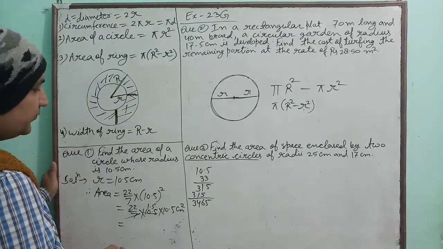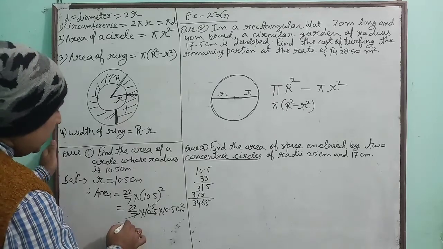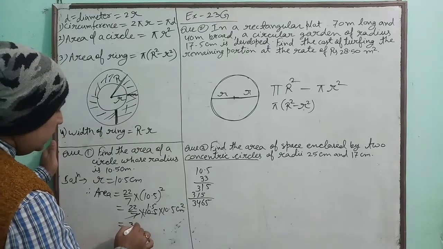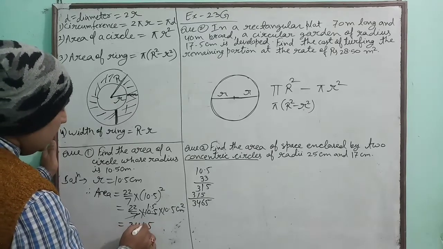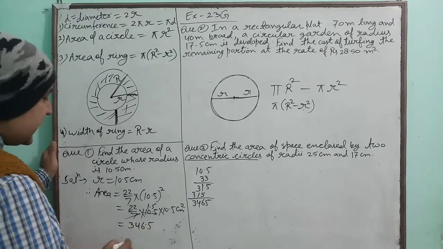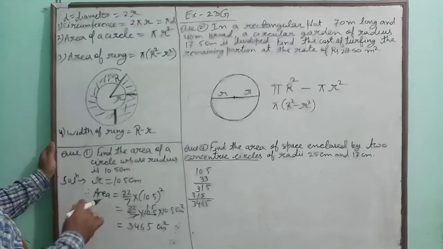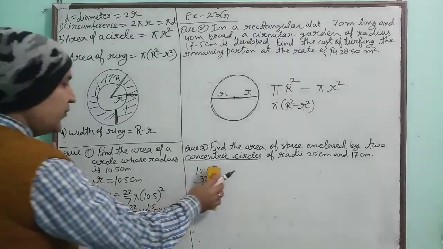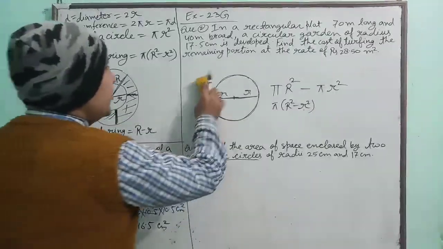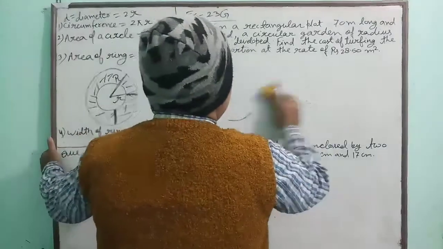See this one. It is coming 346.5 centimeter square. This is the area of the circle.